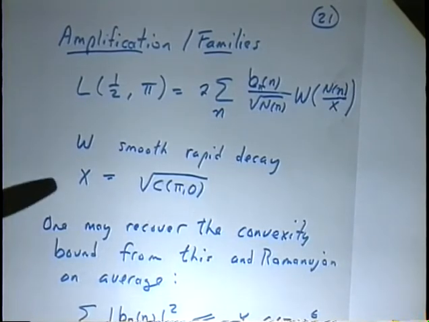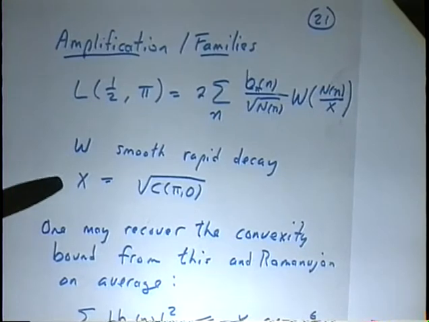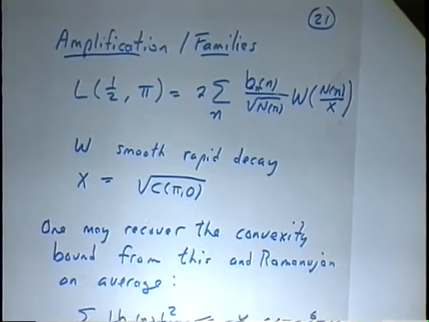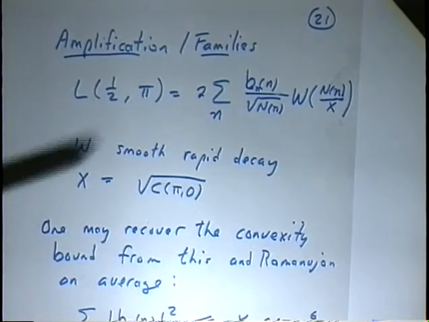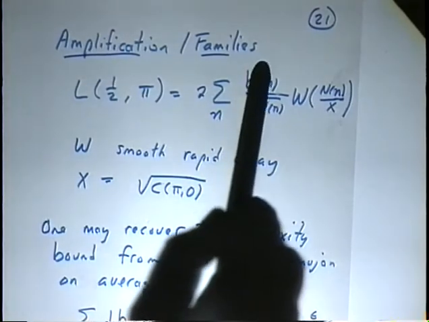Because of the functional equation, you can choose x to be about the square root of the conductor. So the bigger the conductor is, the harder the problem is. Now, you can get the convexity bound more directly from such an approximation, if you know something about the bound for the coefficients.